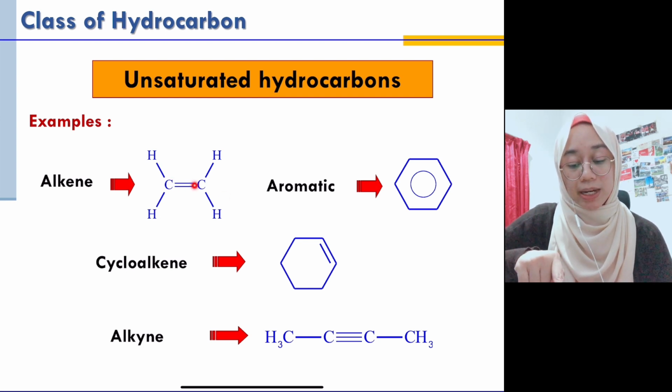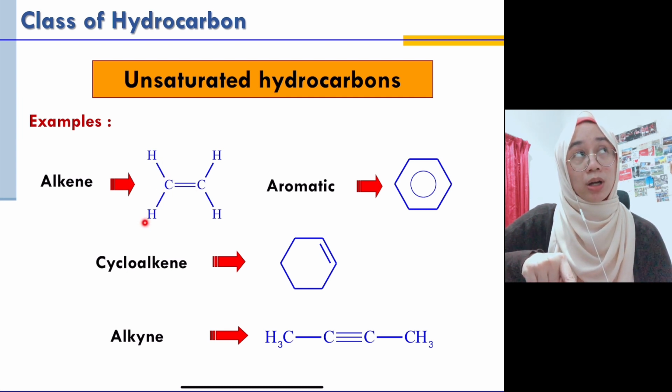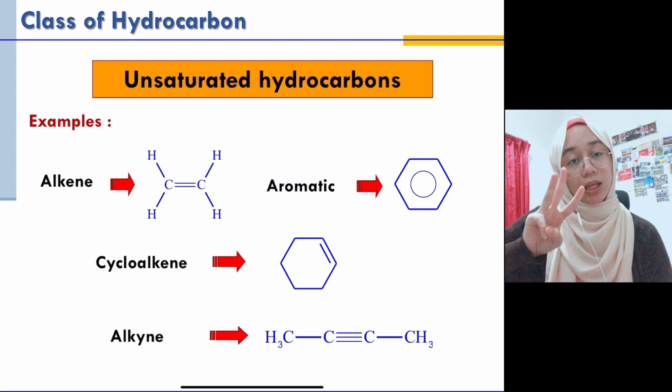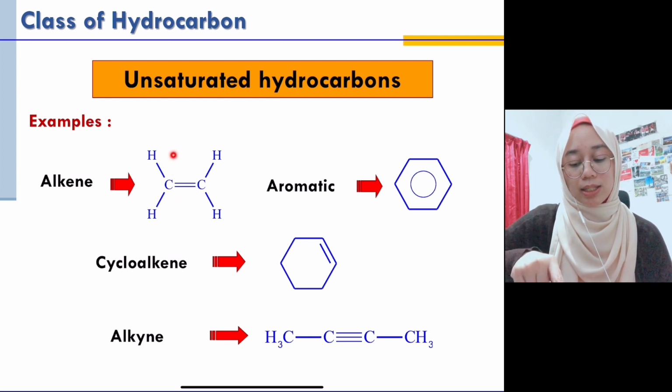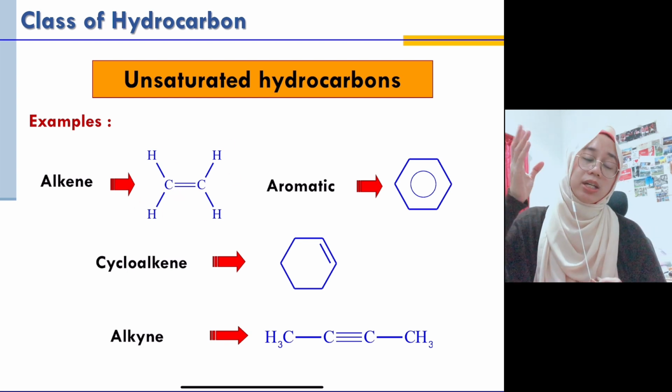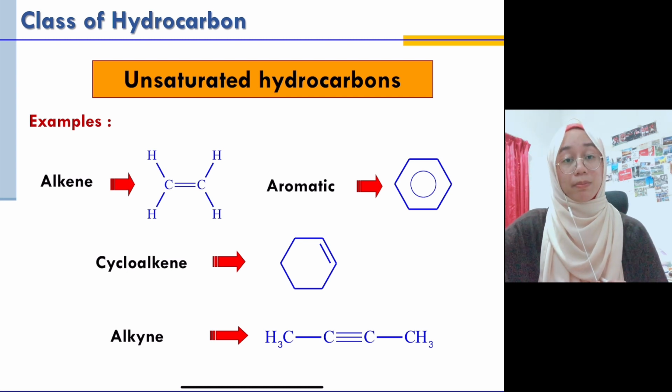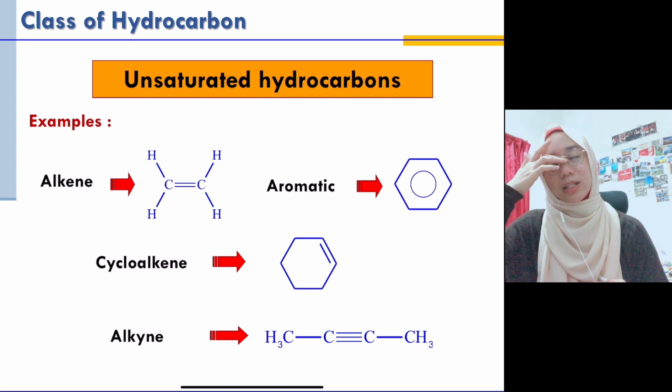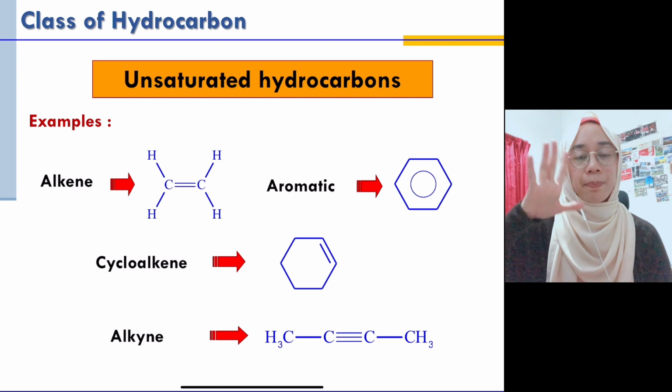Because after all, bila dia dah buat double bond, bermaksud carbon ni akan perlukan lagi 2 sahaja hydrogen. Compared to kalau yang tadi single bond, kalau C dengan C single bond, dia akan perlukan 3 hydrogen. Okay, kalau dekat hujung lah. Okay, so in this case, as you can see, the number of hydrogen dah berkurang compared to the maximum number. So kalau macam tu, ini considered sebagai unsaturated.